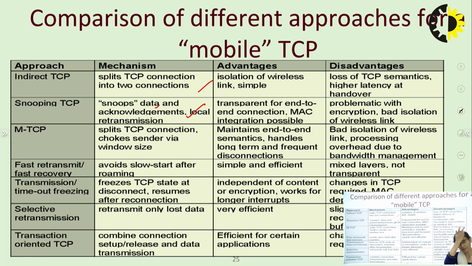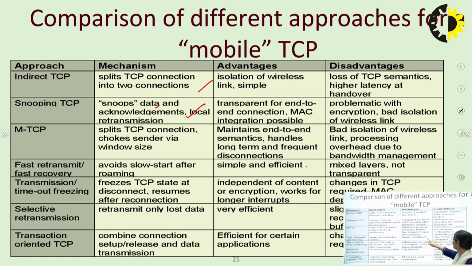In the case of M-TCP, it splits the TCP connection and chokes the sender via window size. It maintains end-to-end semantics and handles long-term and frequent disconnections, but has bad isolation of the wireless link and processing overhead due to bandwidth management. Fast retransmit or fast recovery avoids the slow start after roaming.